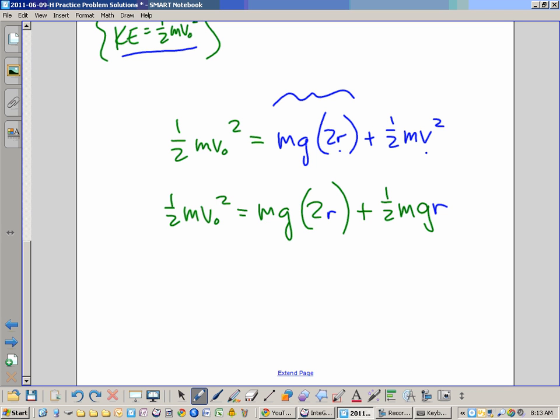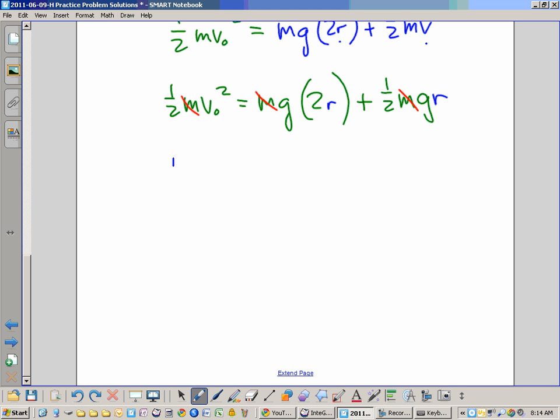Thank you, Nate. So what else is convenient here? Cancel the m's. Now we have a bunch of stuff here, so we're going to have to gather our r's. We get 1/2 v naught squared is equal to r times the quantity 2g plus 1/2 g.